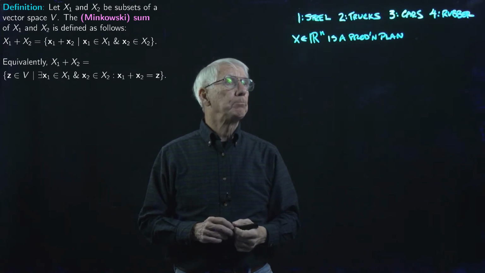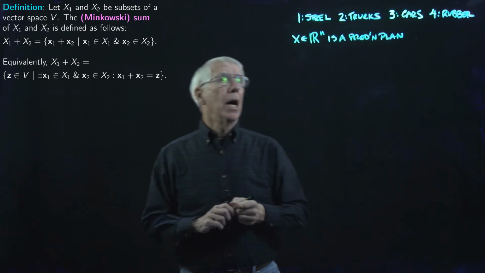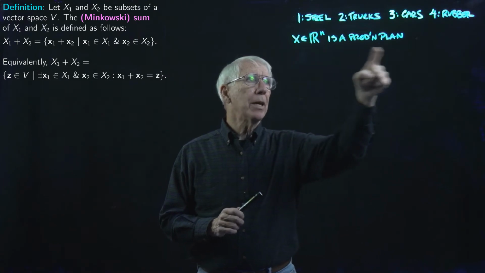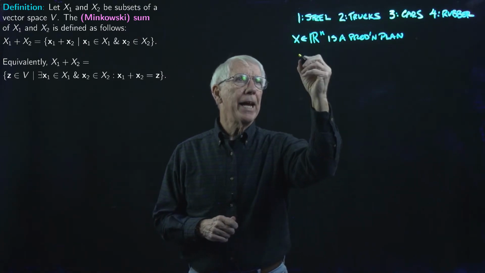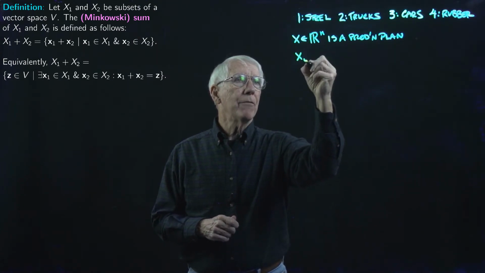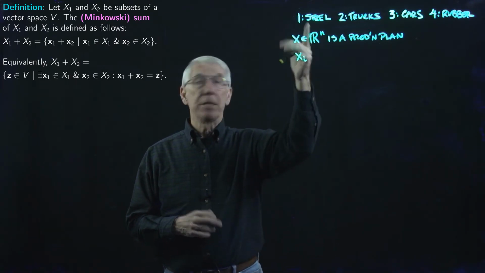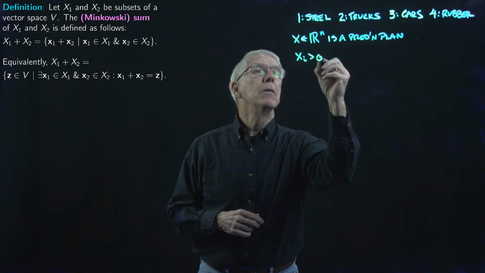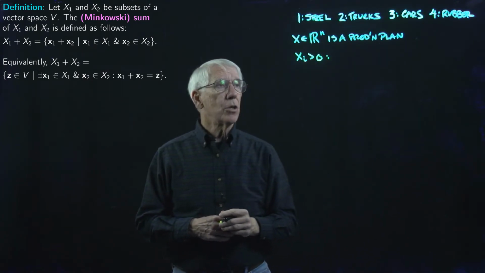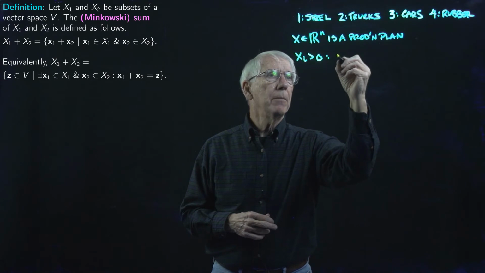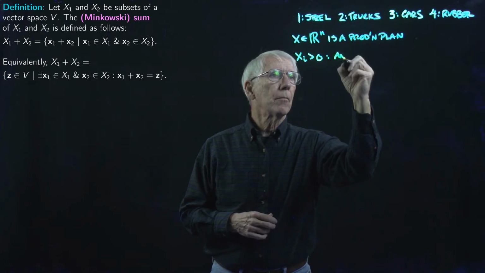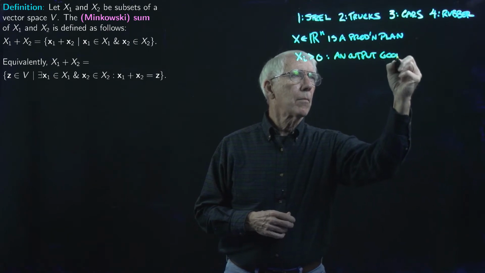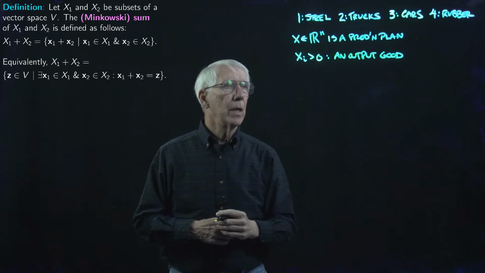So let's see how we're going to handle that. What we'll do is say, in a production plan like this, if we have a component, like say the first component, steel, that's positive, that is going to represent an output good.